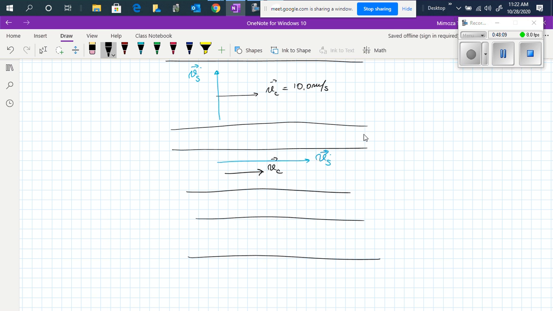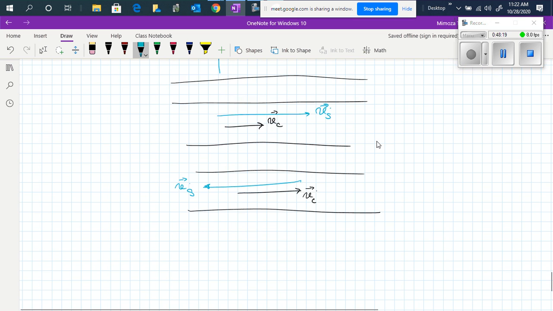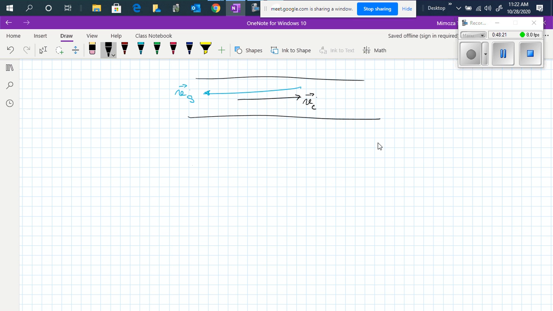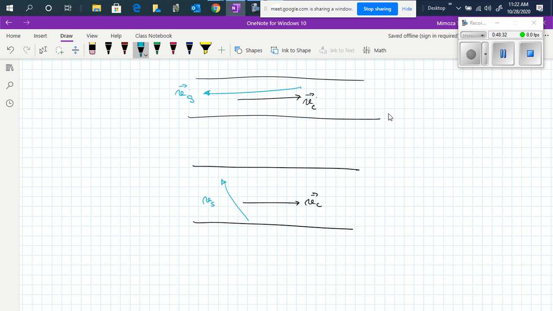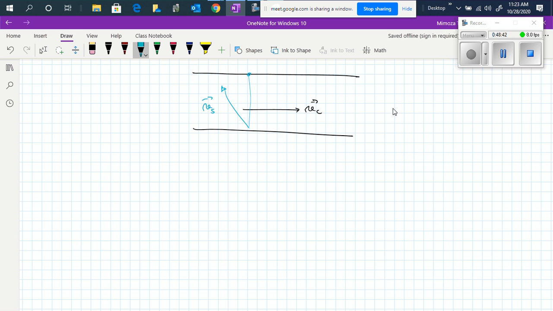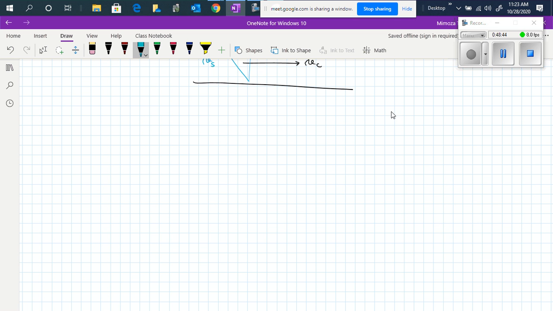So this is the river, and then you have the velocity of the current this way and the velocity of the swimmer this way. And the fourth option is when you are heading at a certain direction to end up across the river.